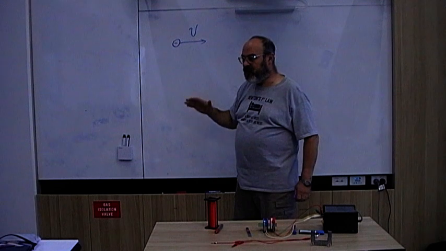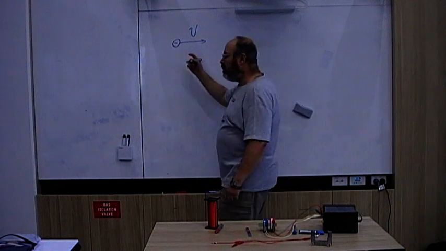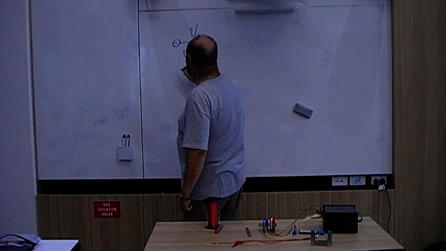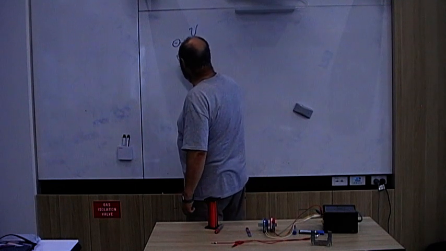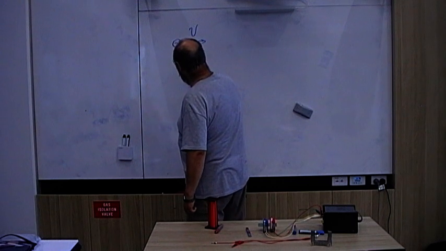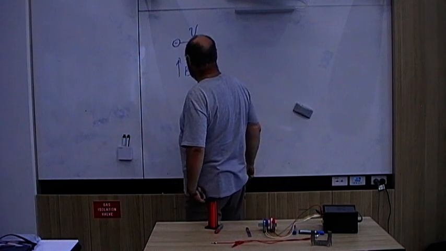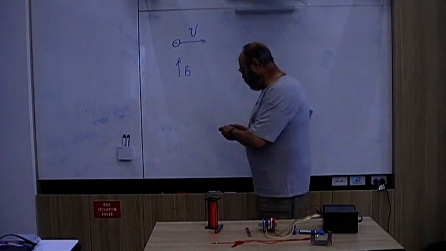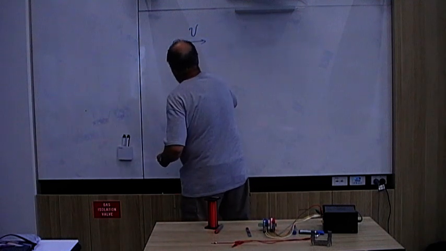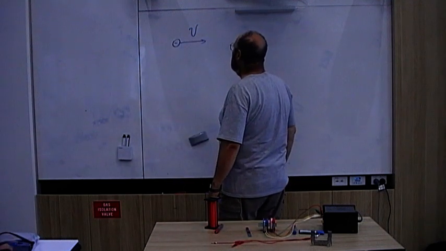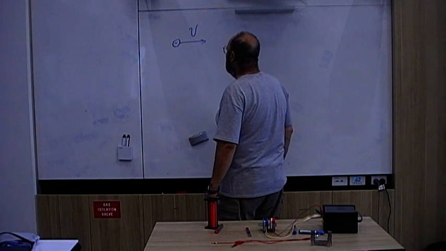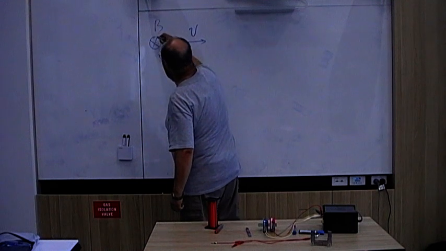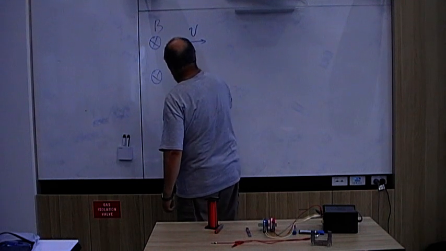Make sense? Now let's place this electron in a magnetic field. We have a magnetic field into the page, everywhere where the electrons fly.